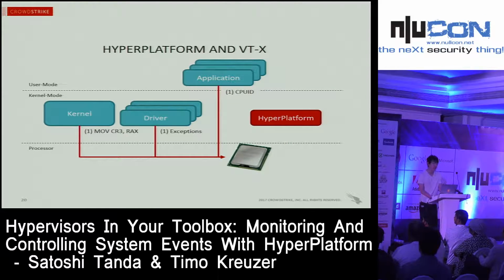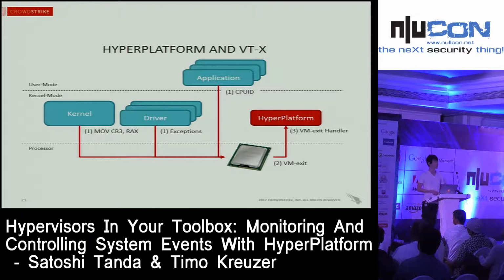Once VMX mode is enabled and the system does certain actions, such as modification of control registers or occurrence of exceptions, or when someone tries to execute certain instructions like CPUID, the processor triggers an event called VMExit and starts executing the VMExit handler, basically an event handler.